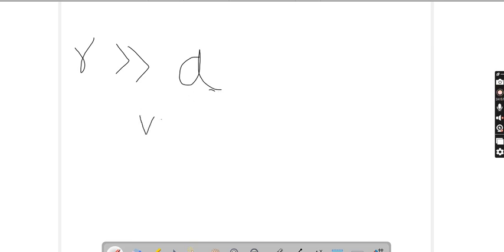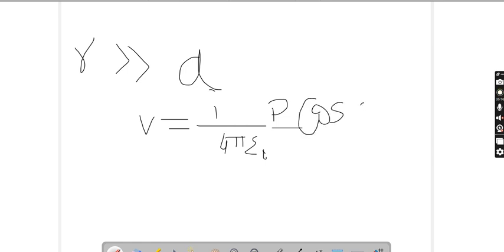In that condition, V becomes 1 divided by 4 pi epsilon naught into P cos theta divided by r square.